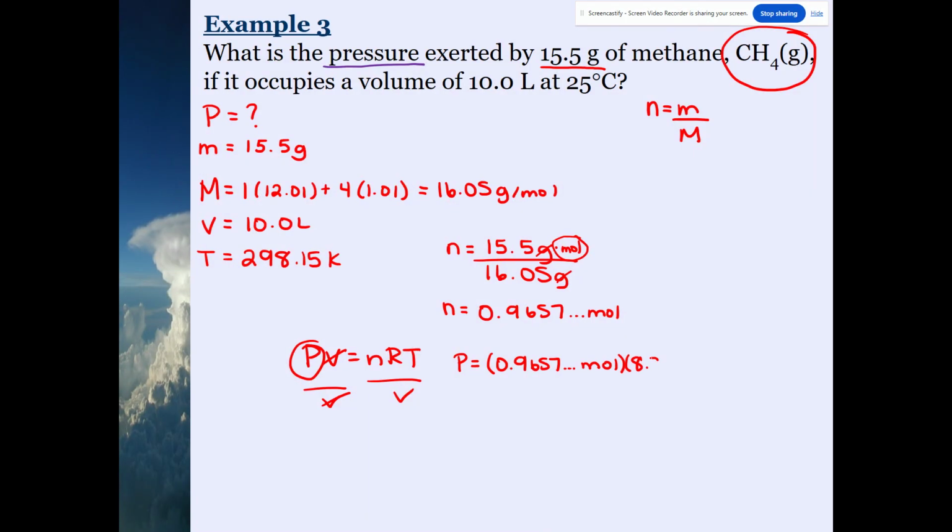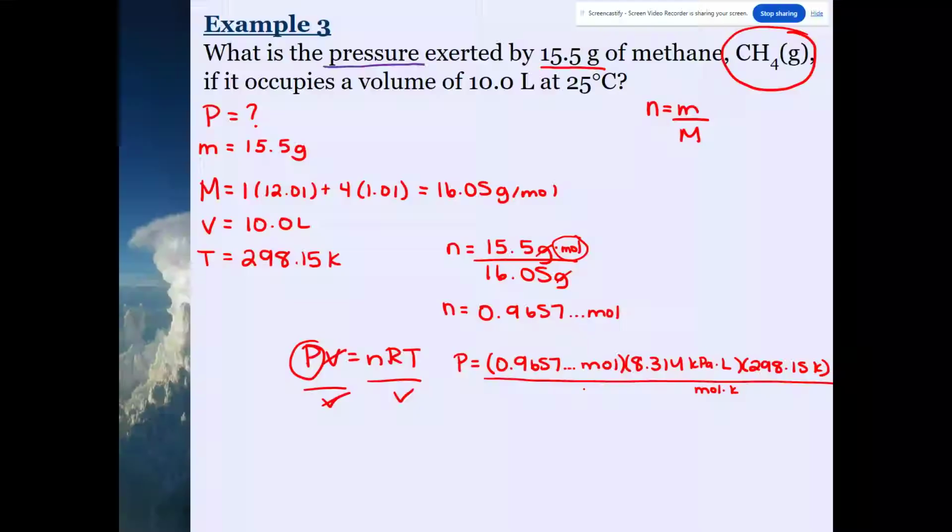I have 8.314 for my R, which units are kilopascal liters over mole Kelvin. My temperature is 298.15 Kelvin, and my volume on the bottom is 10.0 liters.